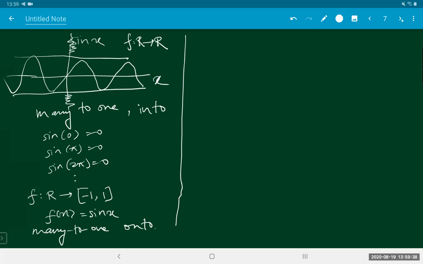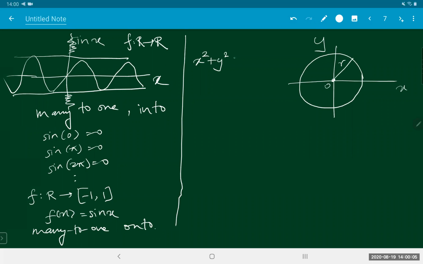So we've done straight line. Have you ever looked at the equation of a circle? If, on the coordinate axis, I want to define a circle which is centered at the origin and has a radius r, then the equation of this circle is given by x squared plus y squared equals r squared.